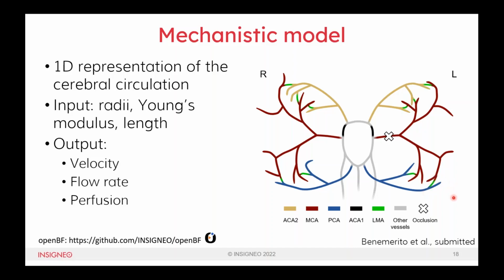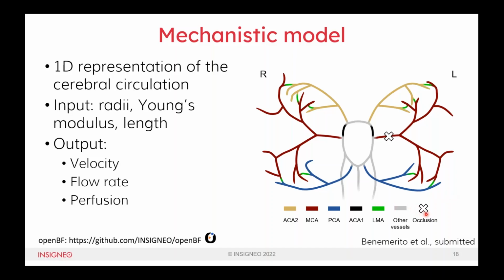In the one-dimensional setting, we model vessels as straight, long tubes that can only deform in the radial direction, and they deform to accommodate the variable flow regimes that are characteristic of a cardiac cycle. The model here is developed using the software OpenBF, which is a software that we have developed here in Sheffield and is available open source on GitHub.